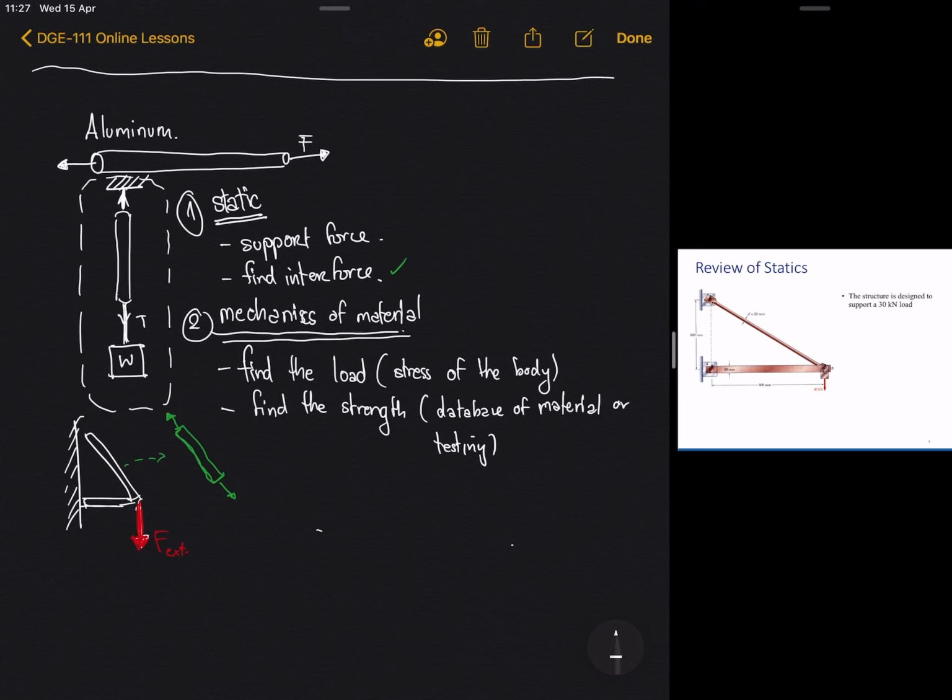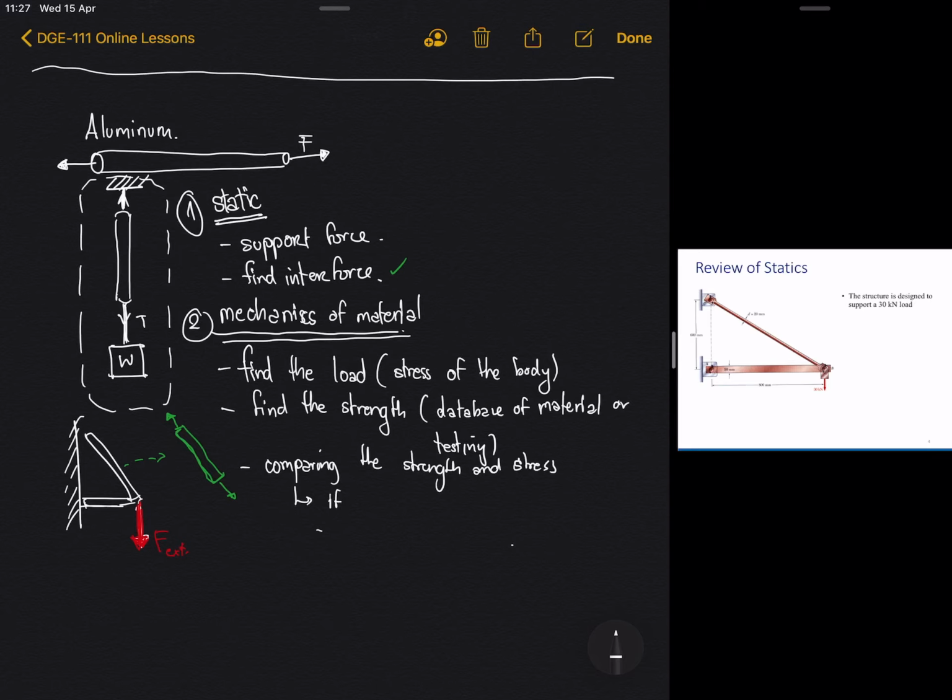For example, in the near future you will see that we are given the strength, and then we have to do the calculations comparing the strength and stress.